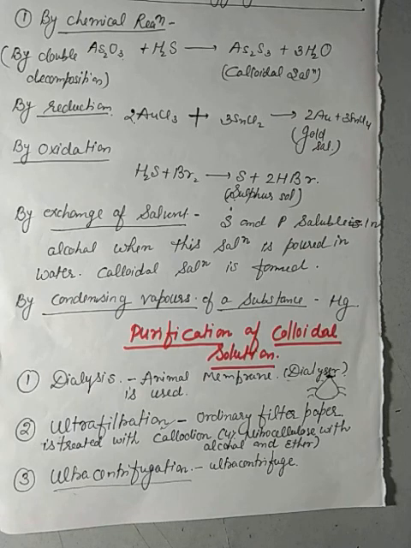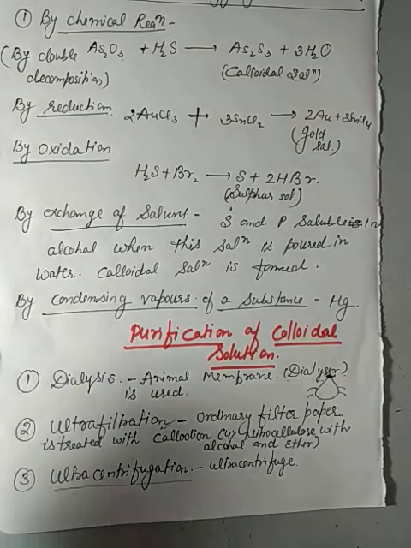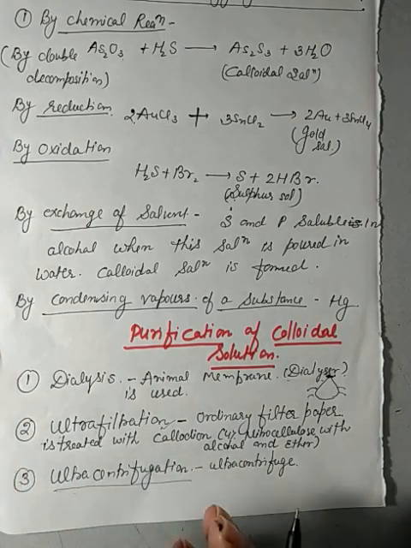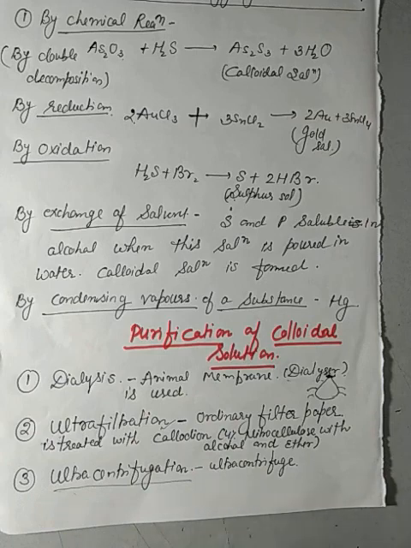As a result, the colloidal particles settle down at the bottom of the tube, while the other soluble impurities remain in the solution. We can remove the impurities by decanting the solution, and then the rest is the pure colloidal solution.